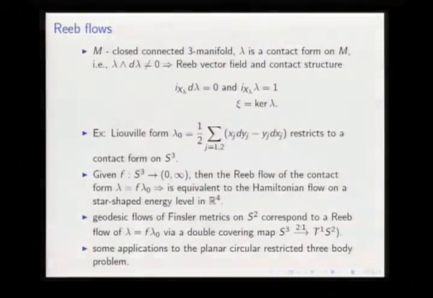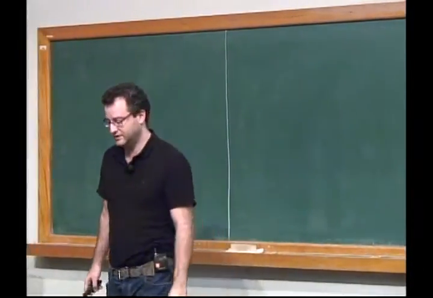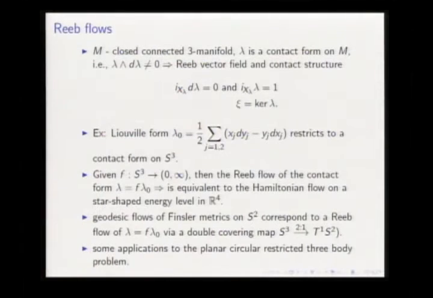And the example, which is the toy model, is to see that the Liouville form in R4 restricts to S3 as a contact form. Related to this contact form on S3, we can multiply by a positive smooth function and you obtain a new contact form.